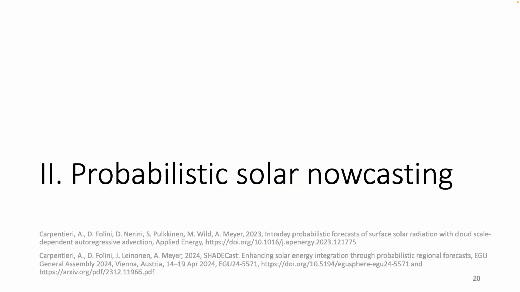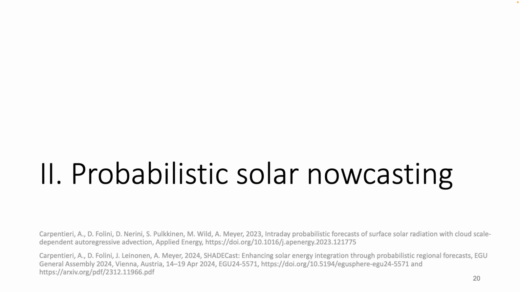Good. Now, to not keep you from the coffee break for too long, I'll just very briefly go through the second part of this presentation, which is on regional nowcasting. Once we have estimated the global radiation in near real time from the Meteosat, we would like to also forecast, right? That's at time scales of up to a couple of hours.